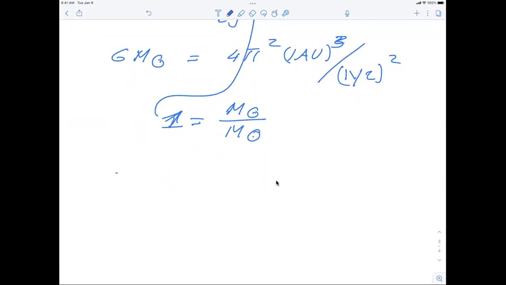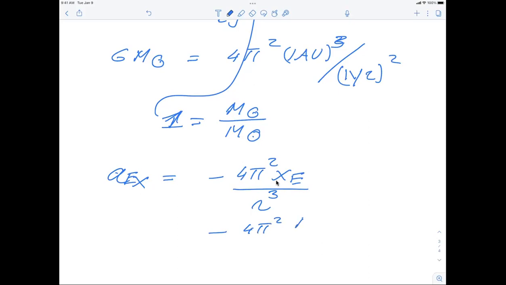So the acceleration for the Earth in the x direction is going to be equal to minus 4 pi squared, times the distance in the x direction from the Earth to the Sun divided by the distance to the Sun, which is 1 astronomical unit, minus 4 pi squared. But now we have a mass of Jupiter divided by the mass of the Sun.